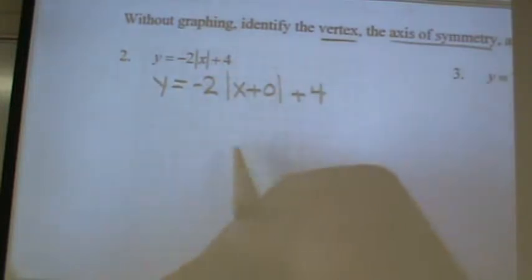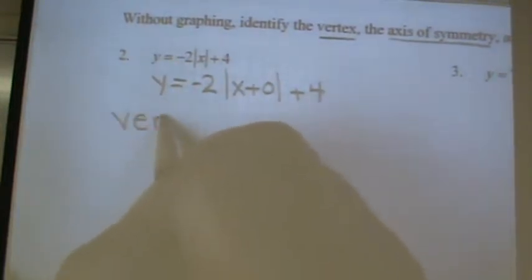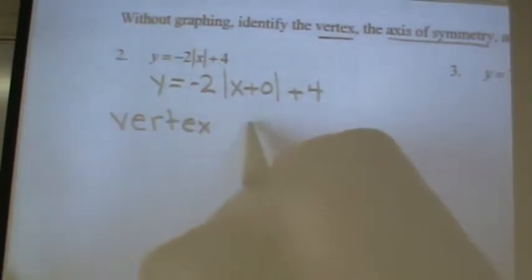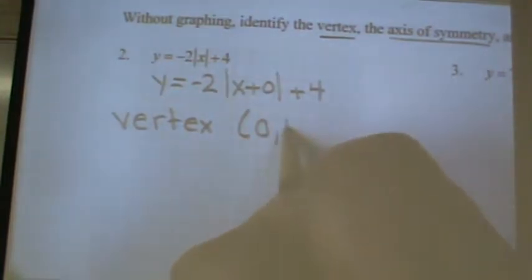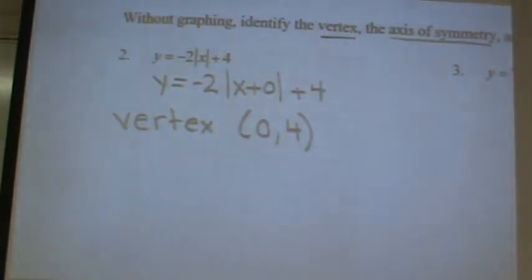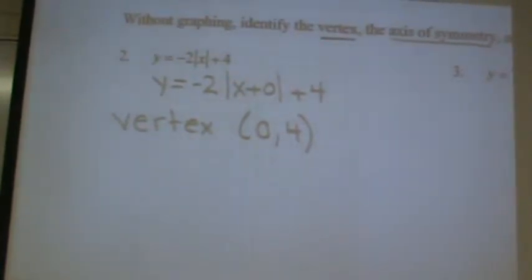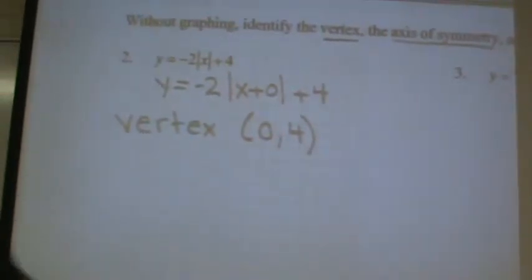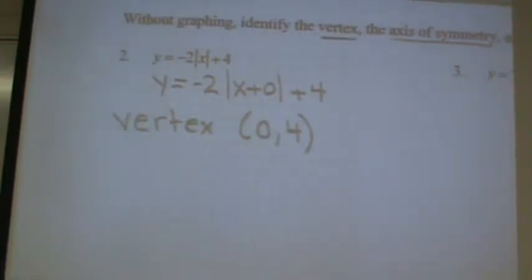So what is the vertex for this one? How would you say it? It's 0, 4. That's the vertex. Okay. What is your axis of symmetry? X equals 0.